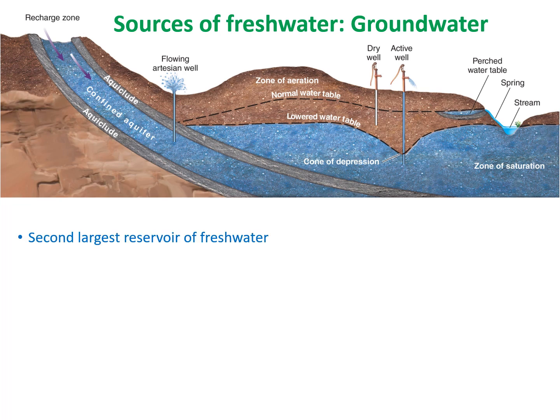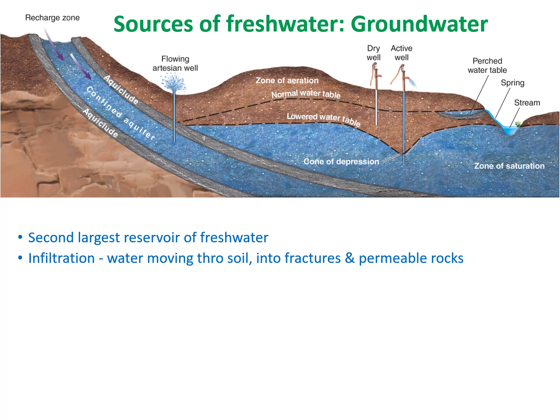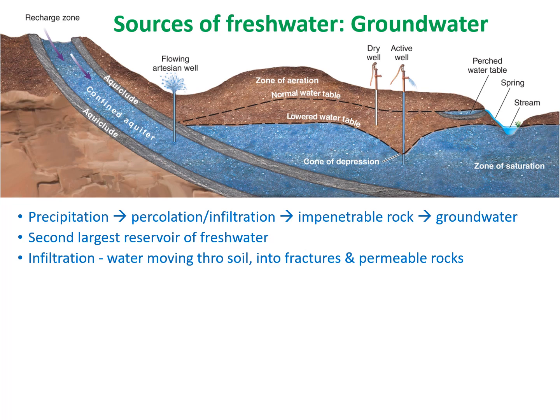It is the second largest freshwater reservoir at global scale, and in fact it is mostly fueled by precipitation. The water that the surface receives through rainfall and snow infiltrates or percolates through the different soil layers into the groundwater table, into the groundwater reservoir, right?